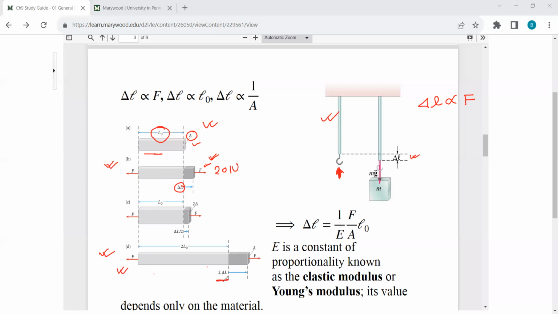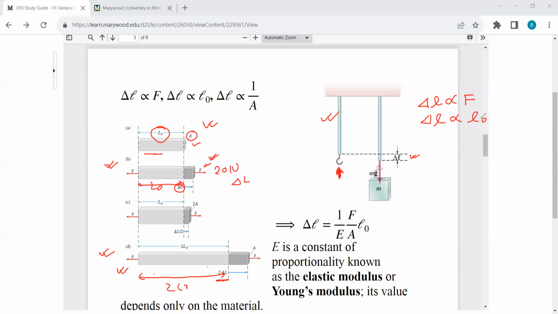This one's length was L0, it extended by delta L. This length is 2L0, it extended by 2 delta L. So what does it mean? It means delta L, the extension, is also proportional to L0.